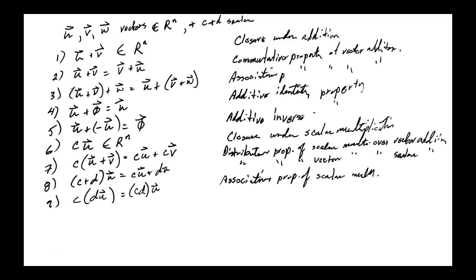Or, if this is a column vector and this is a row vector, you get a 3 by 3 or n by n matrix. So you can't just say if u, v, and w are vectors in Rn. You have to specify one has to be a column, one a row, and we don't do that. So there is no associative property of vectors alone. Only when you have two scalars and one vector do you have this associative property. No other instance, at least for now.